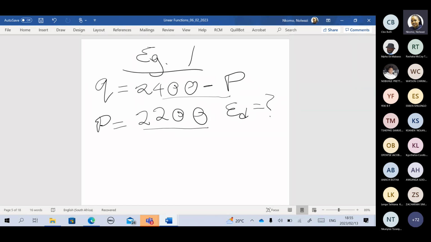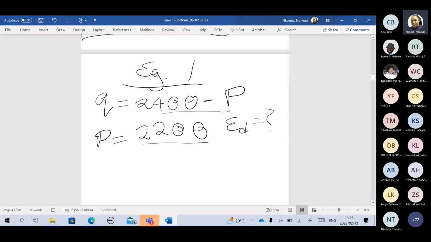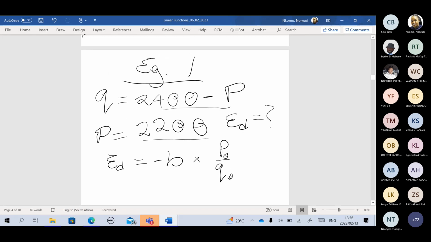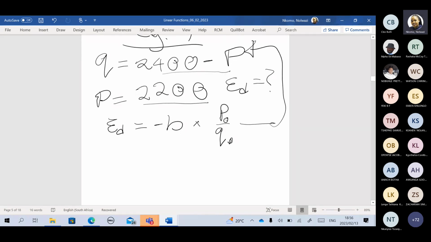We say the formula for finding the elasticity of demand at any point is E_D equal to minus B times P naught over Q naught, right? If we compare these two, you can see that minus B is equal to 1, right?